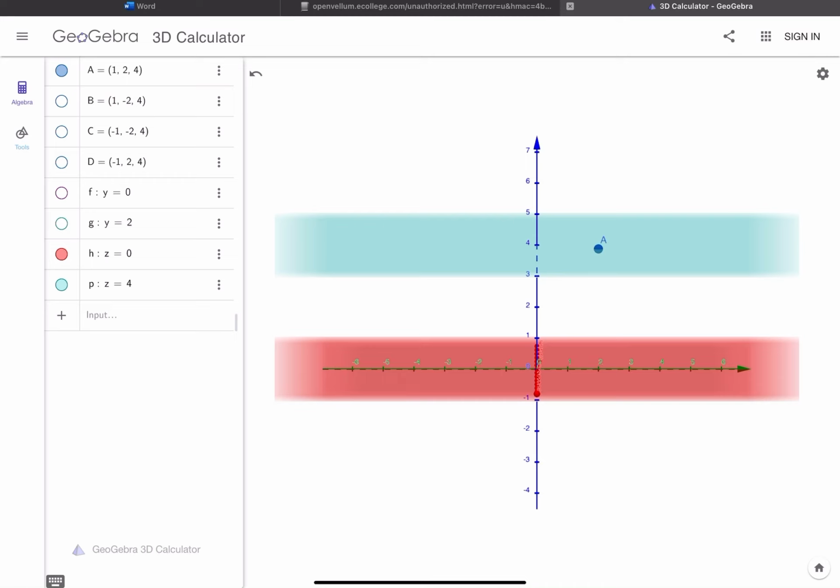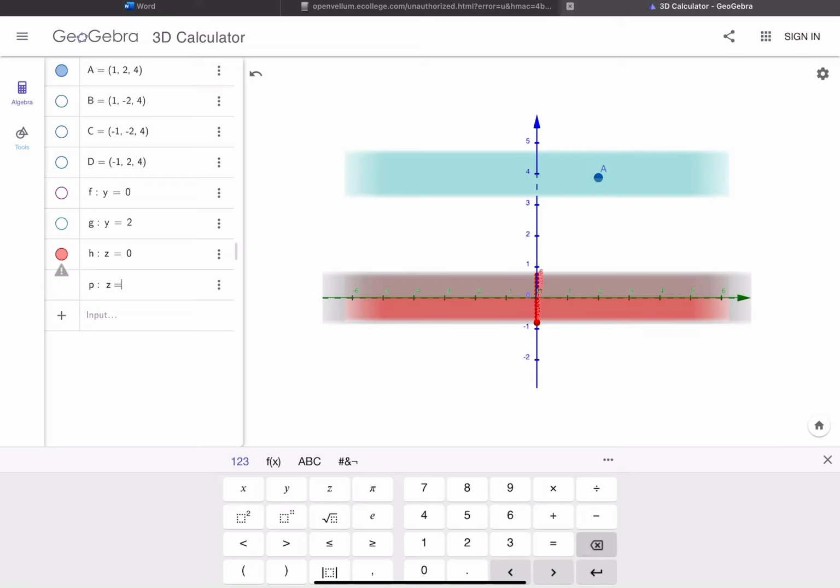And in a similar fashion, if we wanted to contain the point 1, 2, 4 but be parallel to the YZ plane, the YZ plane is x equals 0. So we'll change this to x equals 0 and press enter.